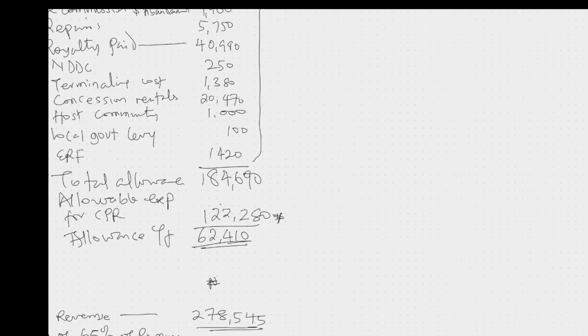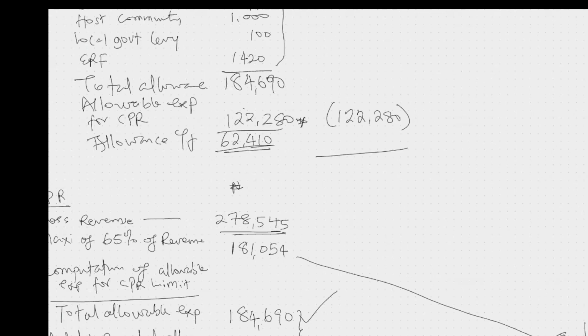So what is my assessable profit? 156,297. Assessable profit, 156,297. So we'll shift this. Don't forget this number.